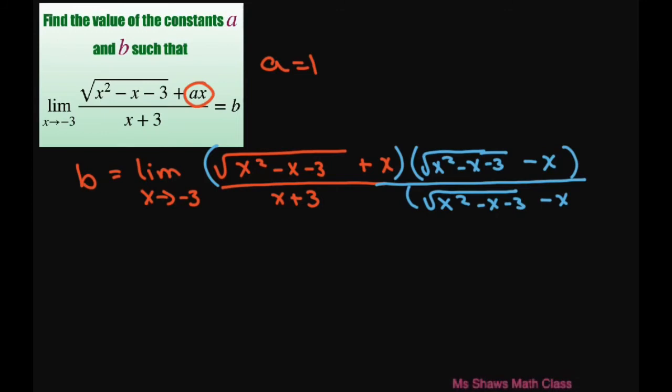So after we have that, this is going to be like a plus b times a minus b. That gives you a squared minus b squared.